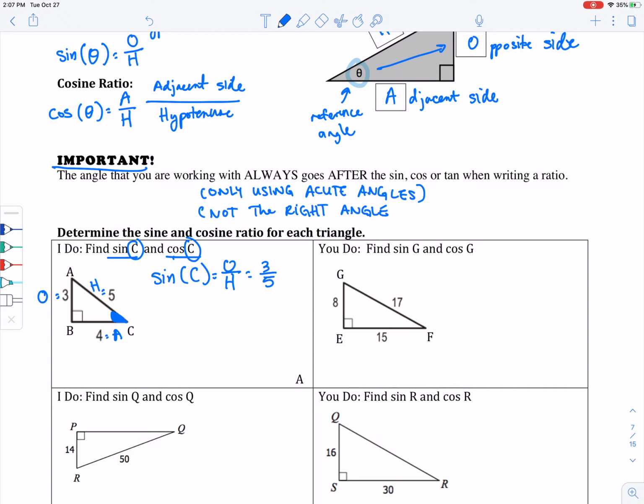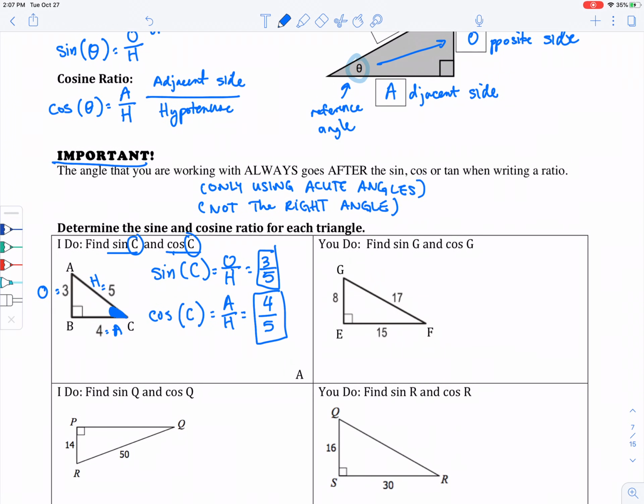So that is my ratio for sine of C. For cosine of C, we have adjacent over hypotenuse, meaning, again, we're keeping it the same because we're still referencing C, but this time we're using adjacent over hypotenuse, meaning we're going to have 4 over 5. Okay. And that's how we use sine and cosine.